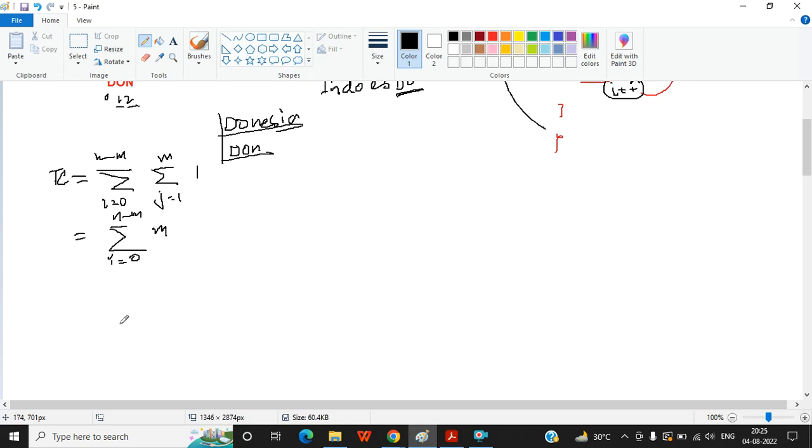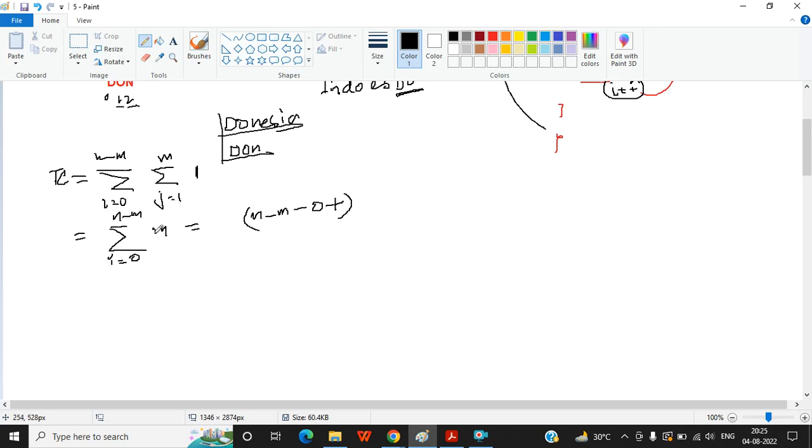As the formula goes, upper bound minus lower bound plus 1. So upper bound minus lower bound means what? 0 plus 1. So this will be the formula if it is 1.